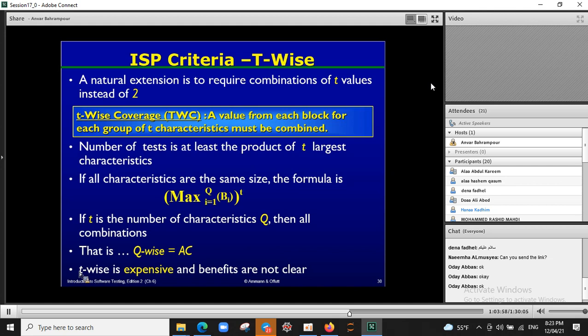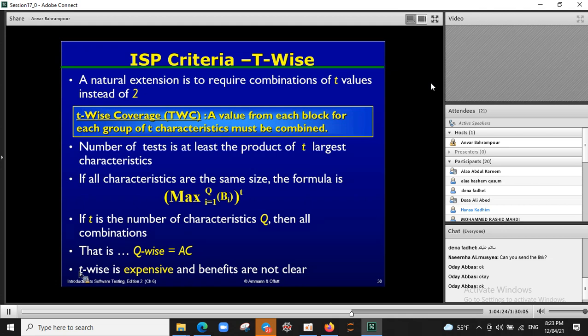Because we combine these characteristics in groups of t characteristics blindly, and we don't consider any meaningful relationship between these t characteristics.